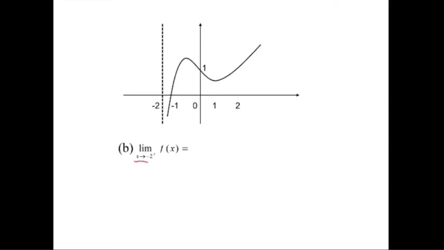Now, question B, still at x equal to negative 2, but from the right side of negative 2. Does the limit exist? Do we have a graph approaching negative 2 from the right side? Remember, a limit is finding the value as it approaches that x, not right at x. From the right side of negative 2, you can see there's a graph which approaches negative 2 but never reaches it because it's an asymptote.